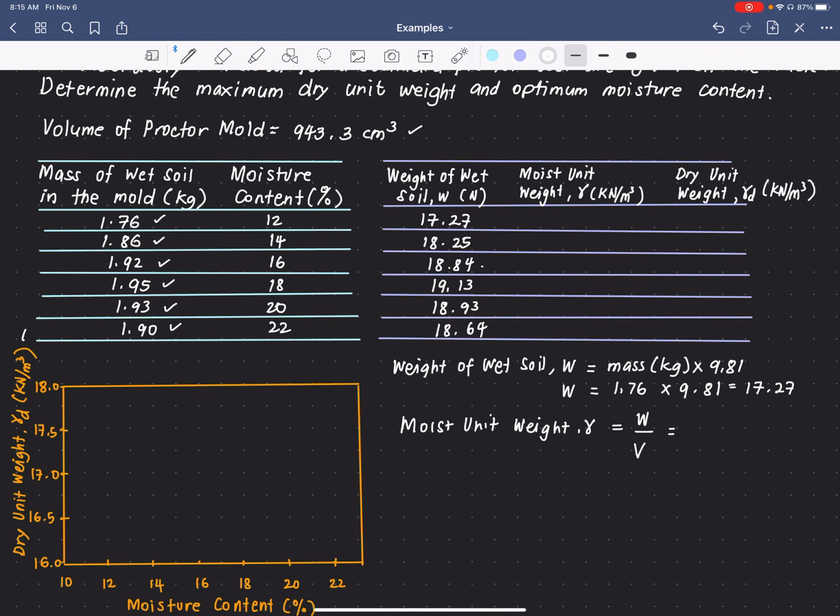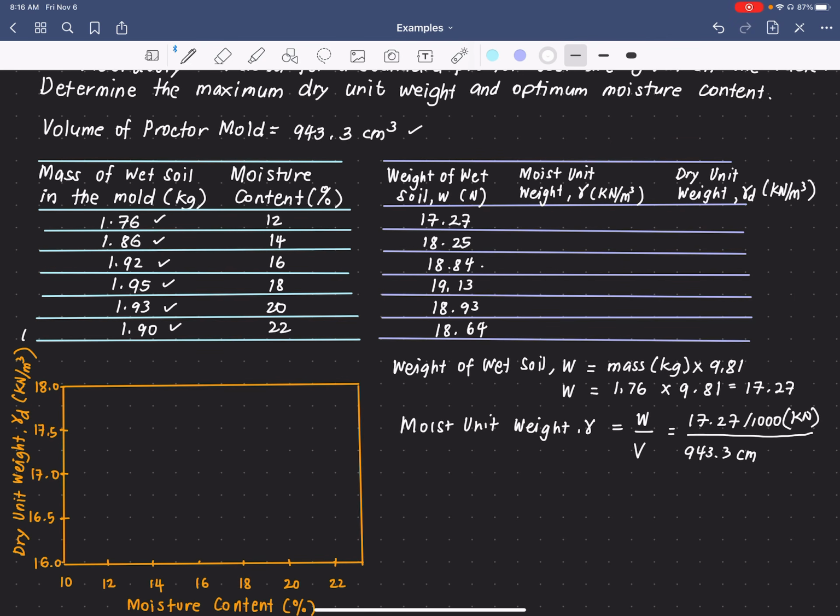And if we get one sample, you have the weight here of 17.27, but this is in Newton. To make it in kilonewton, because we want it in kilonewton, we have to divide it by 1000, divided by the volume. The volume is 943.3.